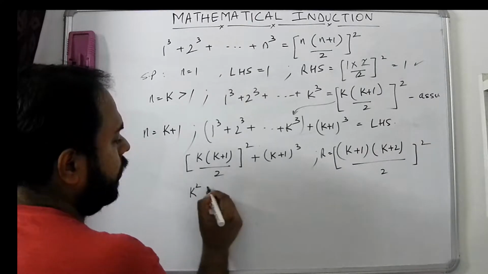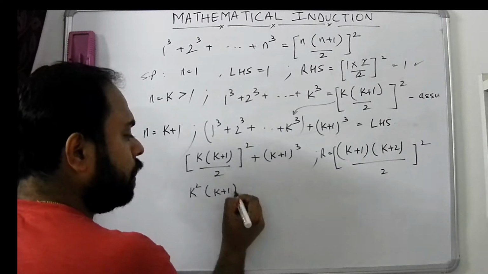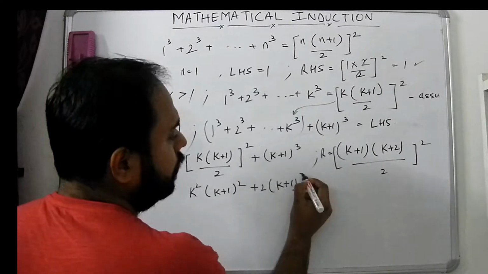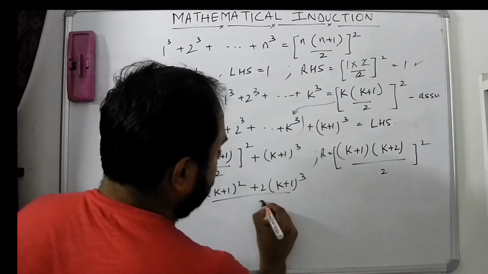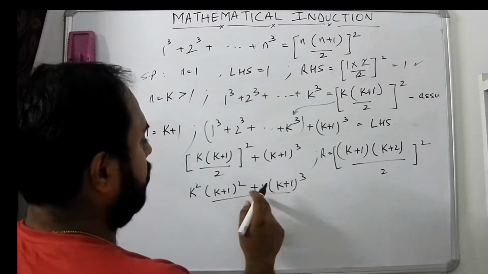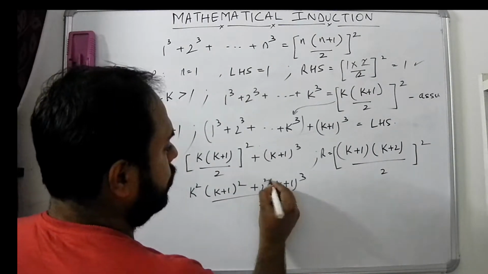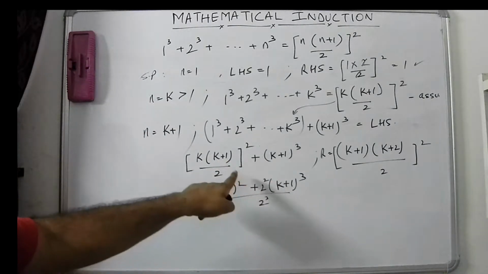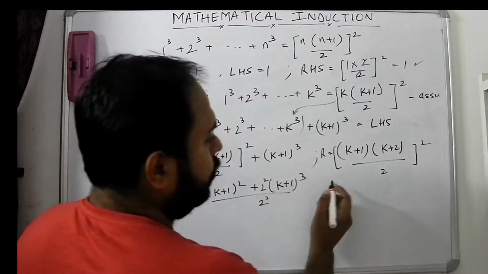It's k square (k plus 1) whole square plus 4 (k plus 1) whole cube, and that thing divided by 2 square, and this needs to be proved equal to the right hand side over 2 square.